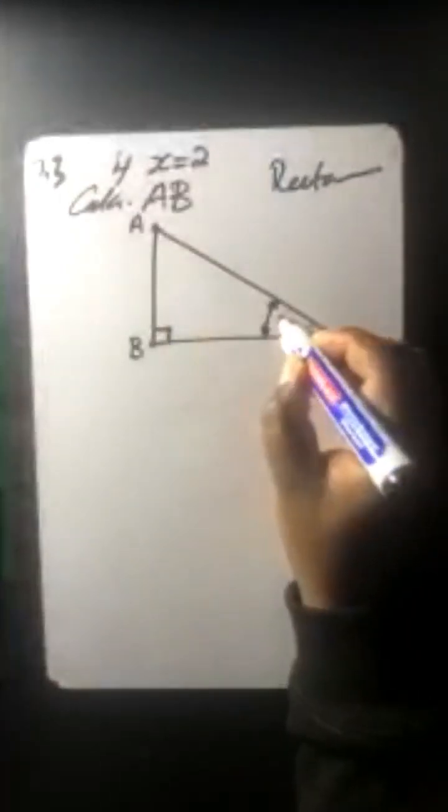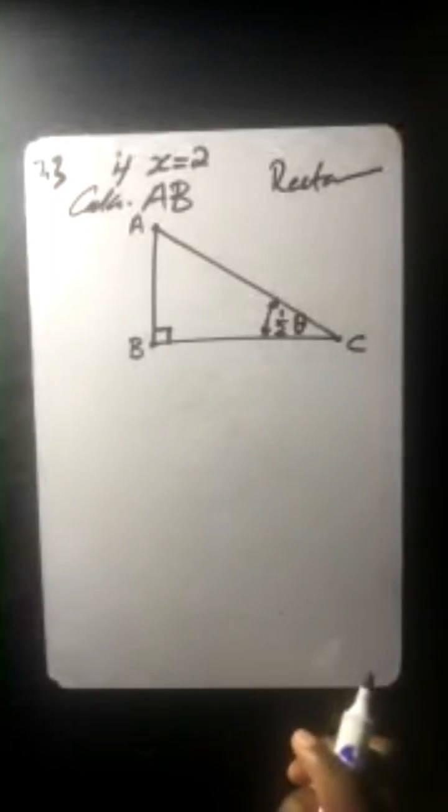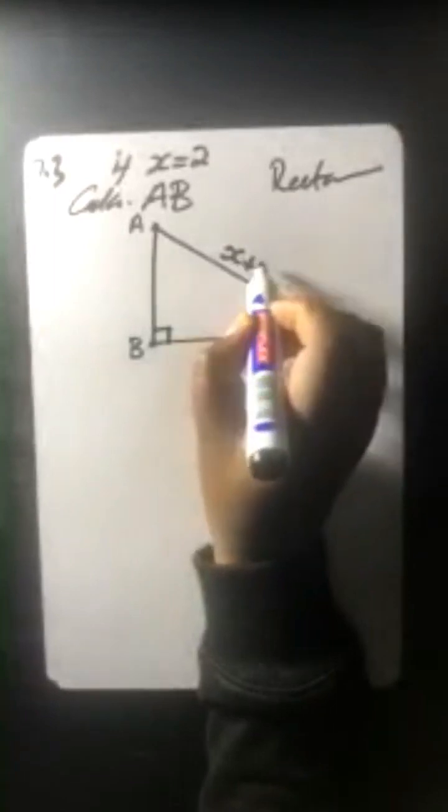What else do you know about this triangle? If you guys remember, we do know very well that this is actually half of that. What else do we know? Do you guys not remember that we are actually having this thing here?